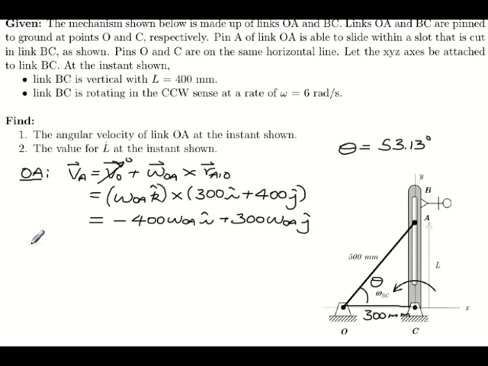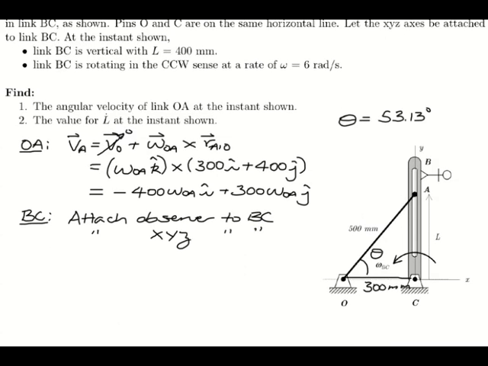Now I'm going to look at BC. Well, don't even think about writing down the rigid body kinematics equation between A and C, because A and C aren't rigidly connected. So what I'm going to do is use this observer, the observer that's shown there in the picture. This observer is going to be attached to BC. And I'm also going to attach XYZ to BC.